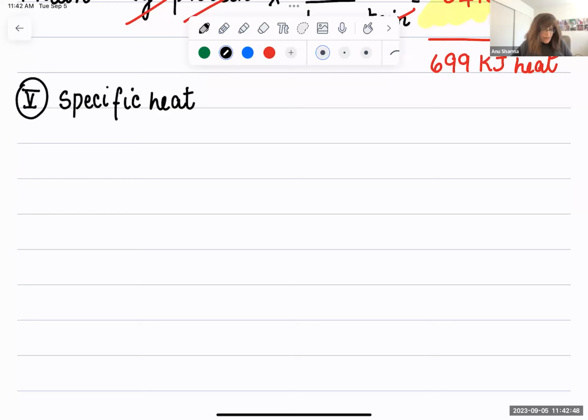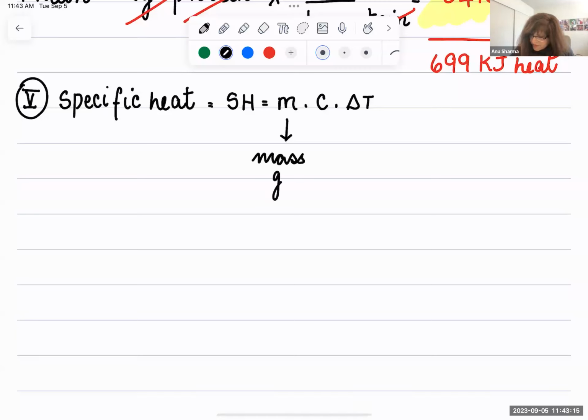Okay, so specific heat, SH, is equal to M times C times delta T. Now what is M? M is the mass in grams.